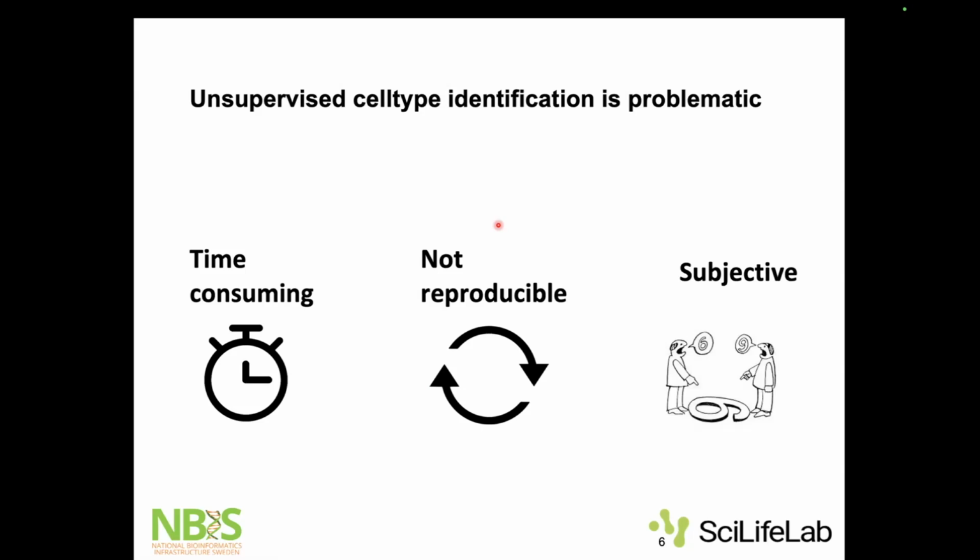So you need to make a lot of subjective decisions if a certain marker is expressed in a certain cell type, or is it really a marker for that one. If there is overlap between two clusters, which one of these clusters do you want to label for that cell type? So a lot of subjectivity here that makes this problematic.